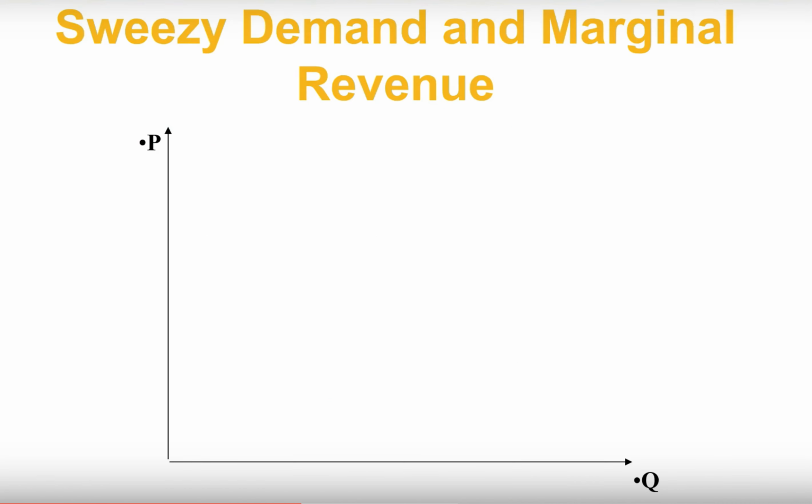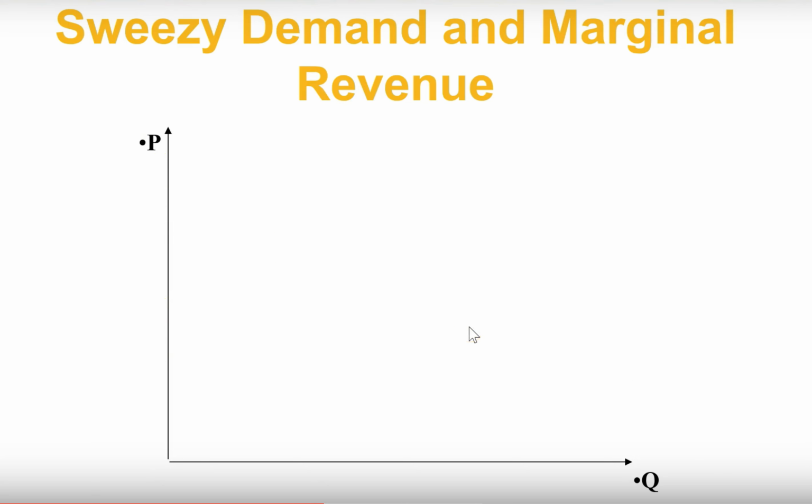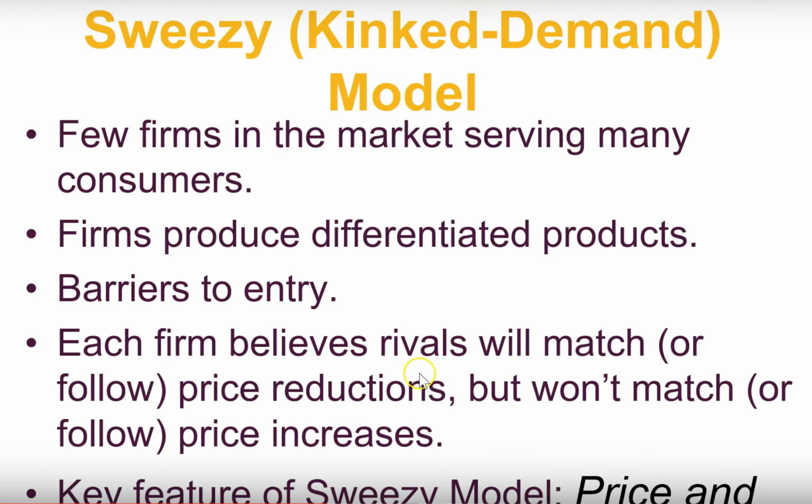Now, let's look at this. How do we show this? Well, one problem we have is if we look at a simple demand curve like this, a demand curve is supposed to hold everything constant except for price. So when you change price, you move up and down this demand curve. But if rivals match price reductions, but not price increases, that's a problem because rivals are doing two different things.